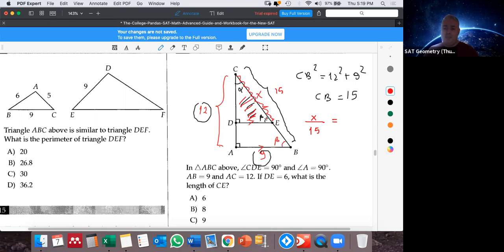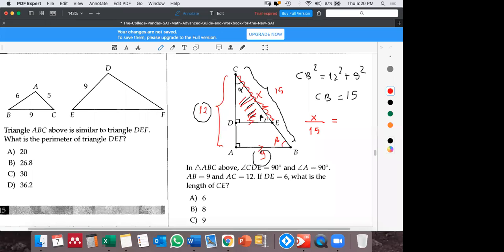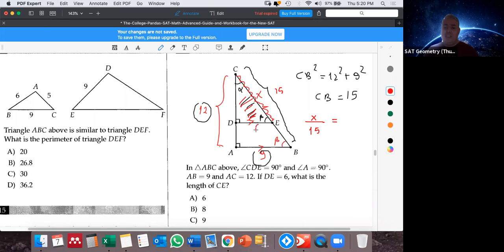In the small triangle, the opposite of this is not given. Mr., I mean 6. There's 6. This is given, yeah. Now it's okay. Opposite of alpha in the small triangle is 6. Opposite of alpha in the big triangle is 9. Cross product, that's it. X times 9 equals 15 times 6.